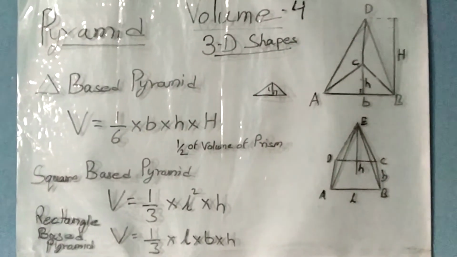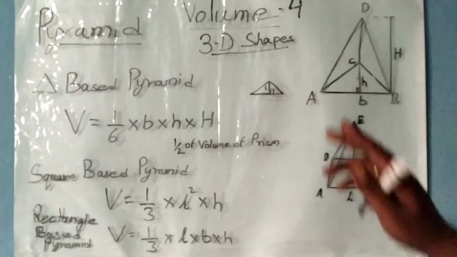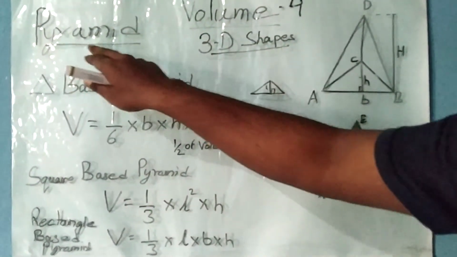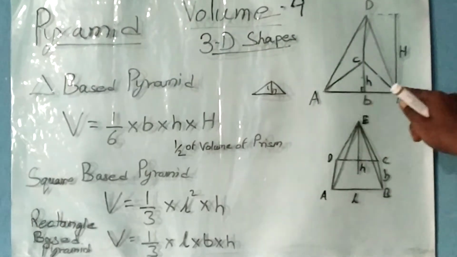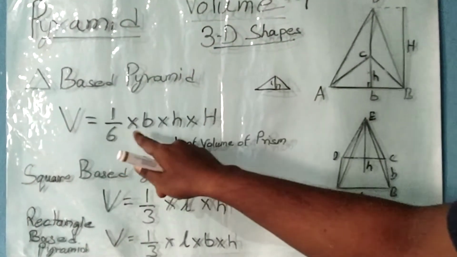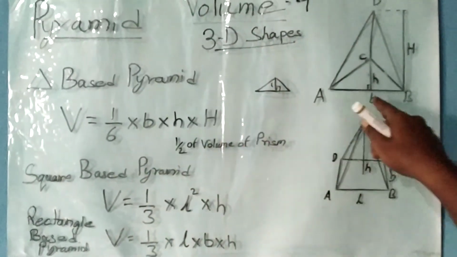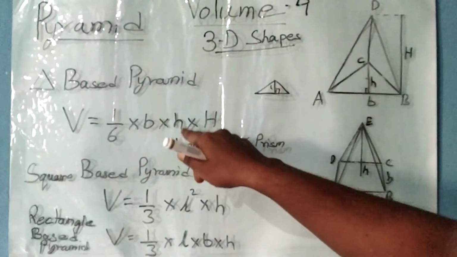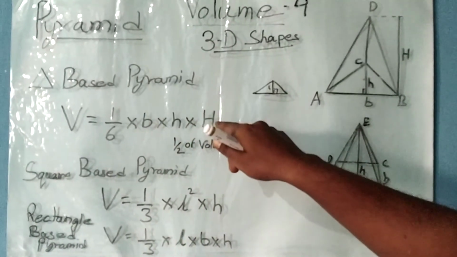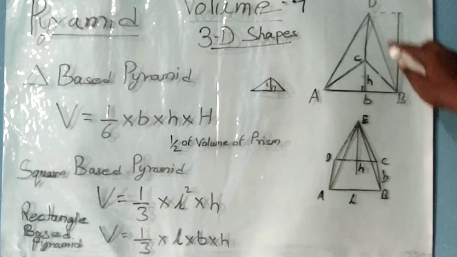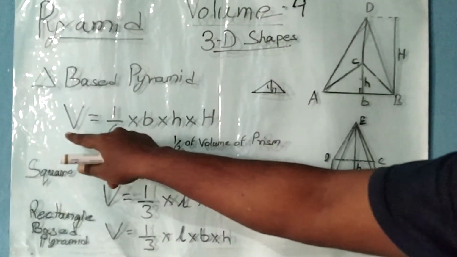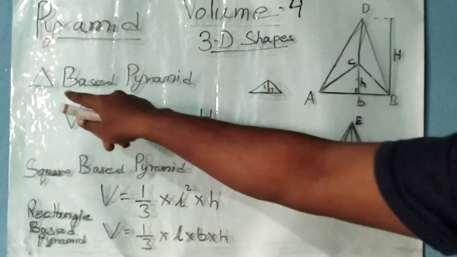So friends, let's revise once again. To find the volume of the 3D shape, that is the pyramid, I have drawn the pyramid with a triangular base. The formula will be 1/6 into B, that is the base of the triangle, into h, the height of the triangle, and into capital H, that is the height of the pyramid. This will be the formula for the volume of a triangle based pyramid.